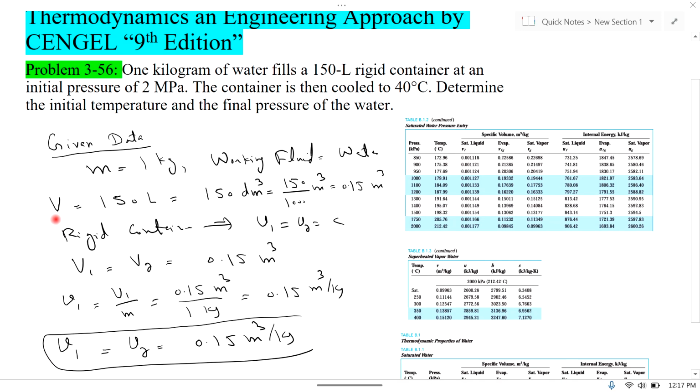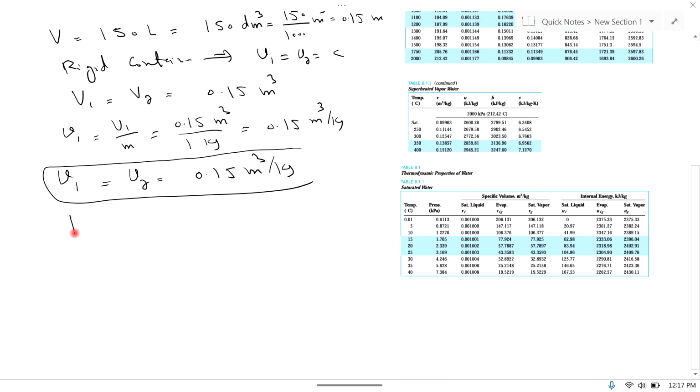Now initial pressure of 2 megapascal, P1 is equal to 2 megapascal, and 1 megapascal is equal to 1000 kilopascal. So it will be equal to 2 multiplied by 1000 kilopascal, which is equal to 2000 kilopascal.